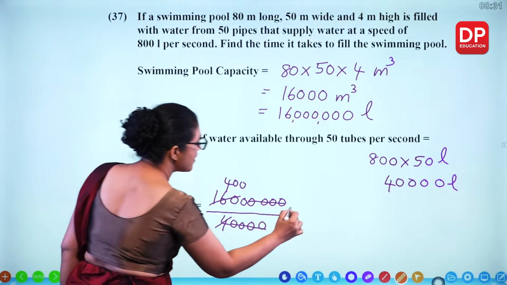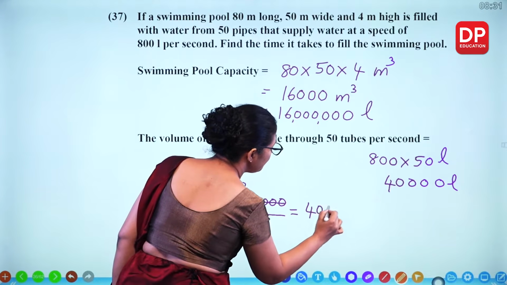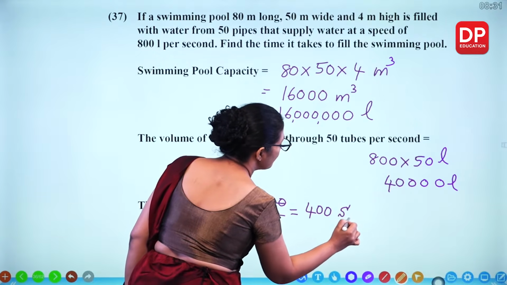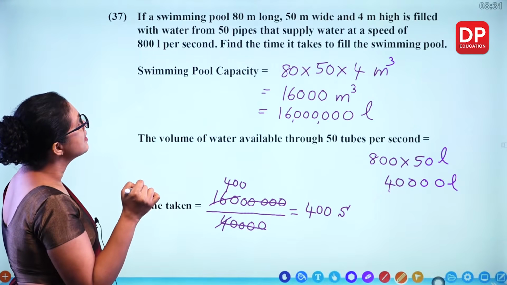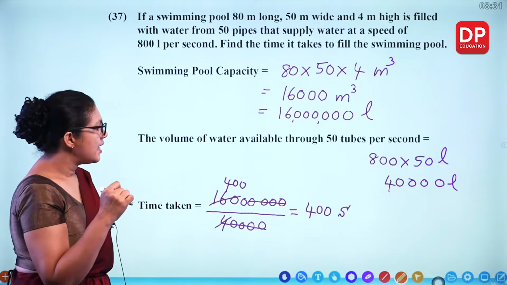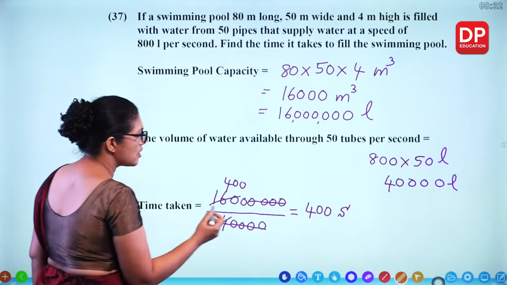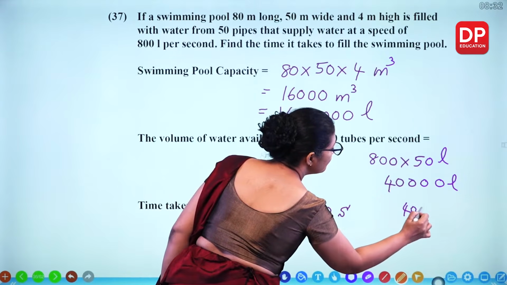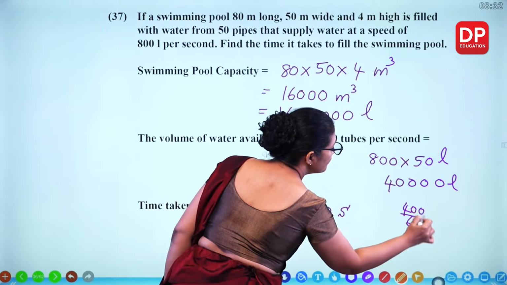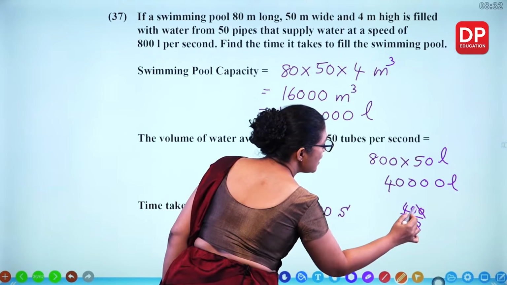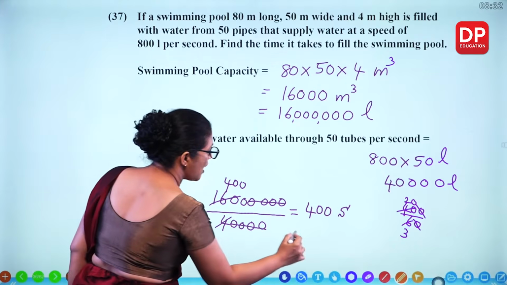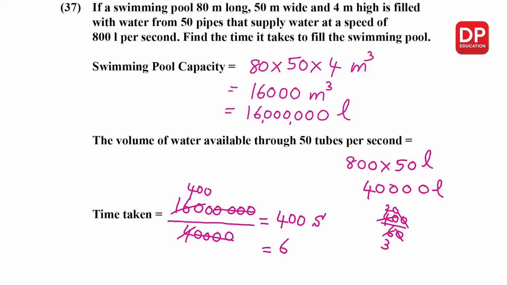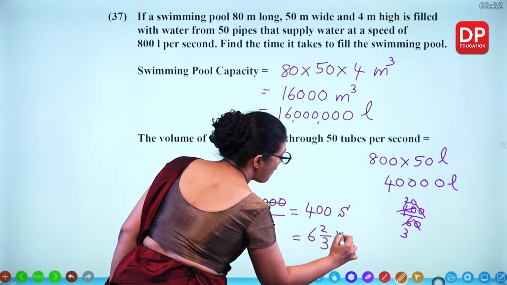So 400 seconds. And if you want this one in minutes, you can divide by 60. So we'll find out in minutes as well. 2 times 3, 2 times 2. So 20 over 3. 3 times 6, 18 and 2/3 minutes.